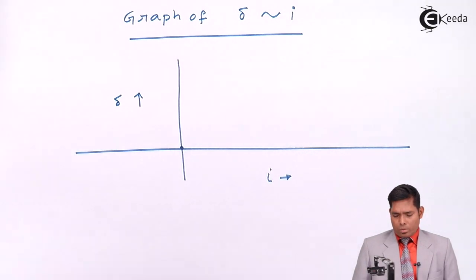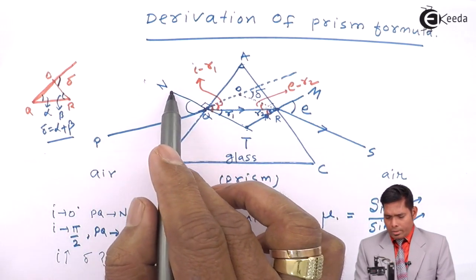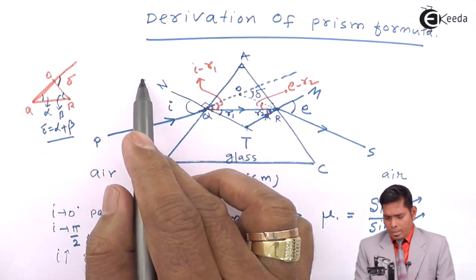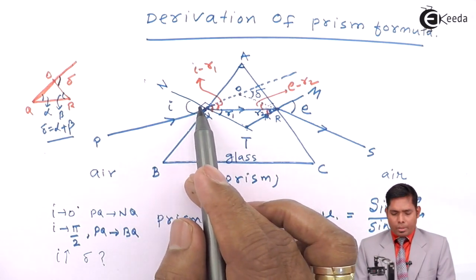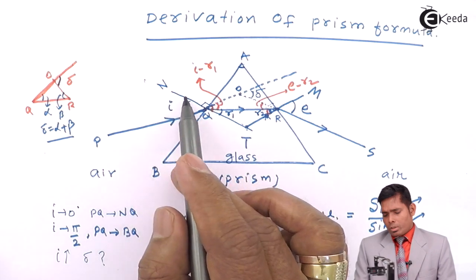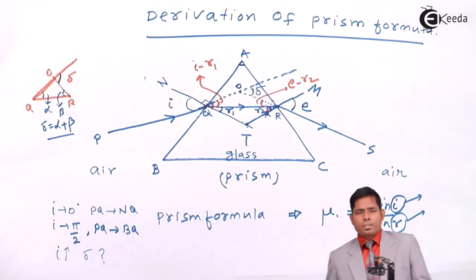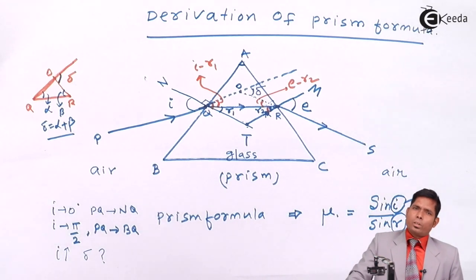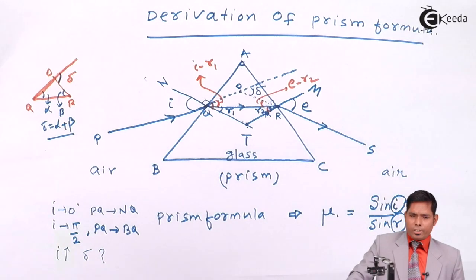So when the ray is moving like this, the PQ is along this line, I is 0. So I will avoid 0 because this will go straight without any deviation. Because this is a case of normal incidence, we know that in case of normal incidence there is no deviation in the path of the ray. Though there is still refraction, there is no deviation.